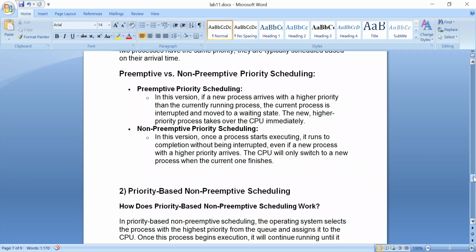As I told you about non-preemptive priority scheduling, if a new student comes with a higher priority, the CPU will only switch to the new process after the professor, in the same example, finishes answering the current student. Then he will treat the priority student.